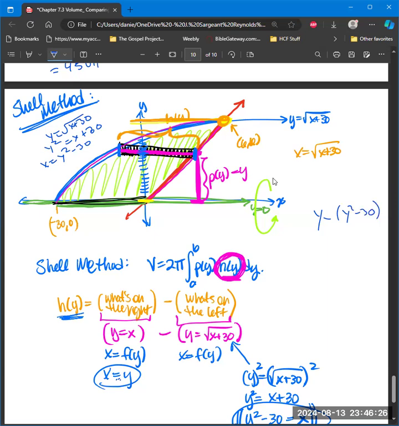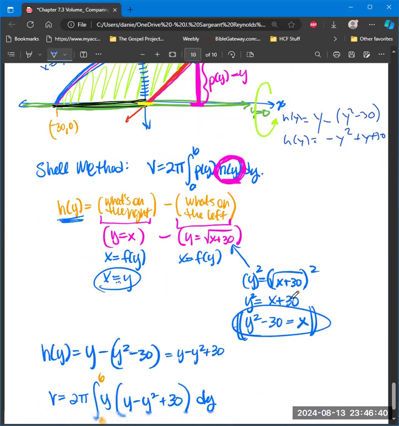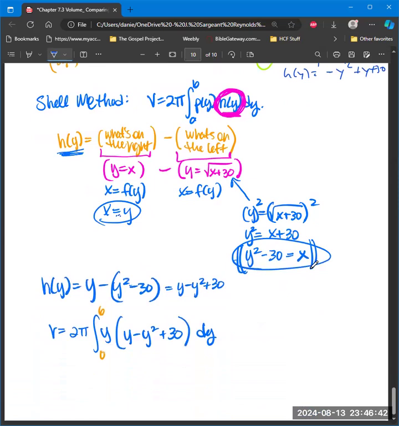Like that. And then go ahead and find h of y here is going to be a negative y squared plus y plus 30. So there it is right there. Negative y squared plus y plus 30 is my h of y.